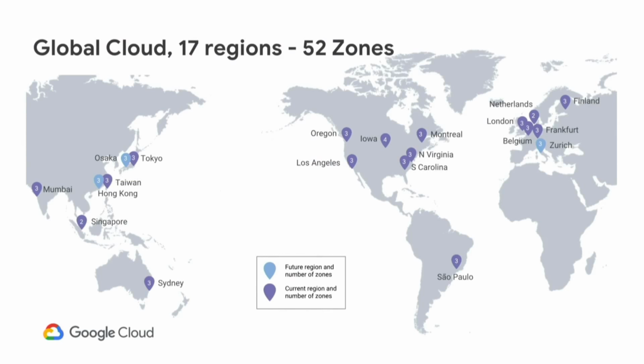Again, a quick recap of where those zones and regions are available. 17 regions. In each of those regions, we typically have multiple zones. A zone is a means for you to isolate your infrastructure from potential problems and also provide a fantastic availability and resilient architecture.